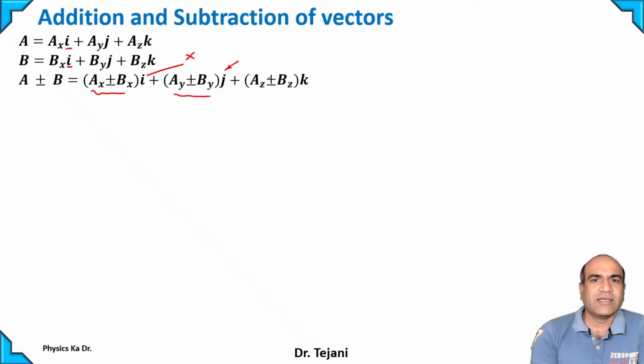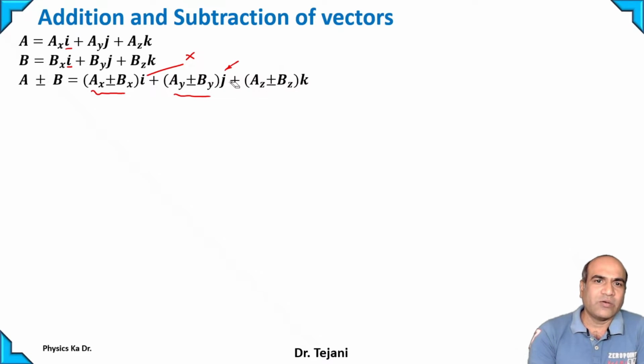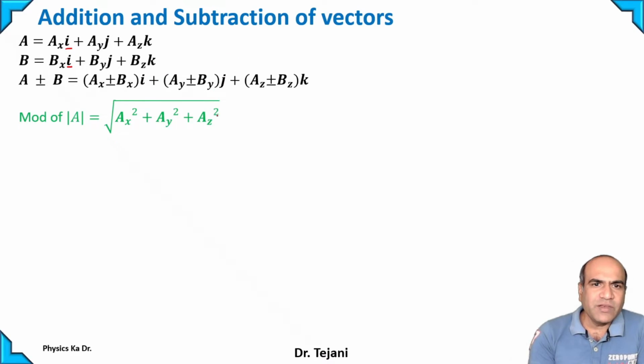For j, addition or maybe subtraction, whatever direction it is, you just keep the same for x, y, and z. So it is very simple and convenient to do the addition. And if we need the modulus, we already studied it: the resultant is the root of Ax square plus Ay square, and so on. Very simple.